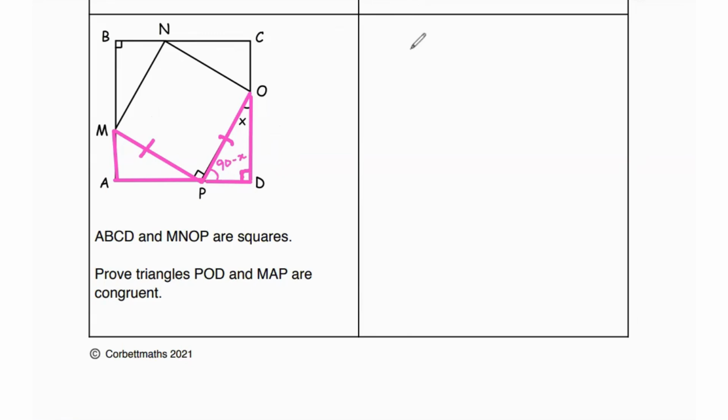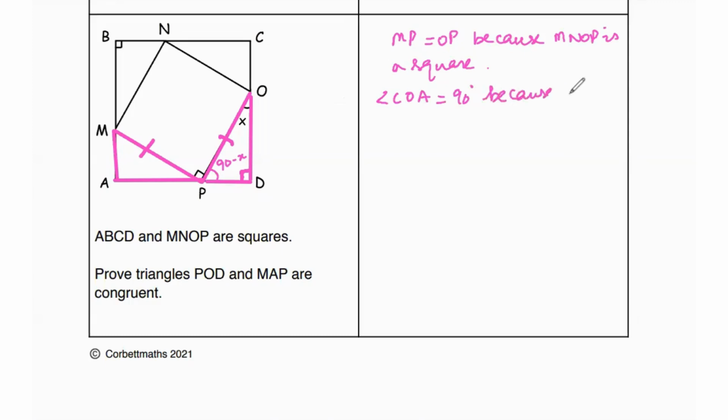So first condition, MP equals OP because MNOP is a square. Then angle COA is 90 because ABCD is a square again.